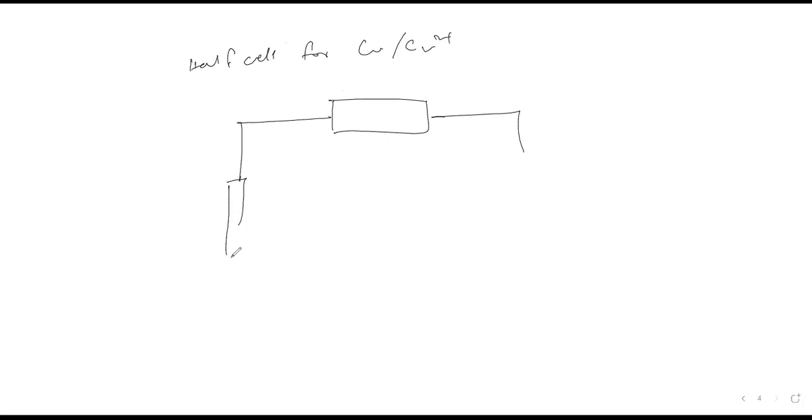Another example could be a half cell containing copper and the Cu2+ ion. That will be the same pattern: copper electrode and copper ions on the left side, and the standard hydrogen electrode on the other side.